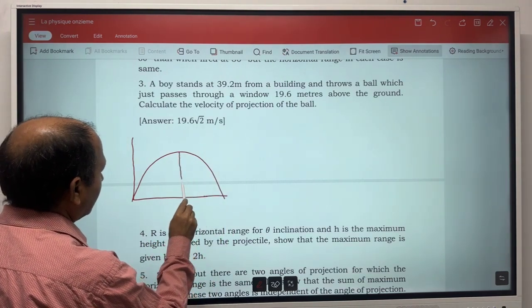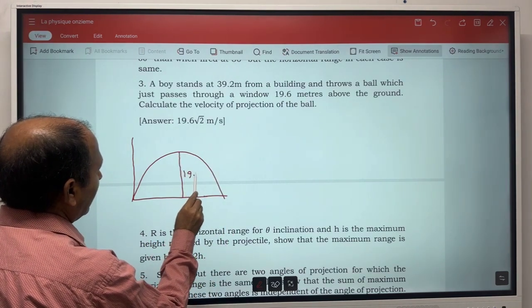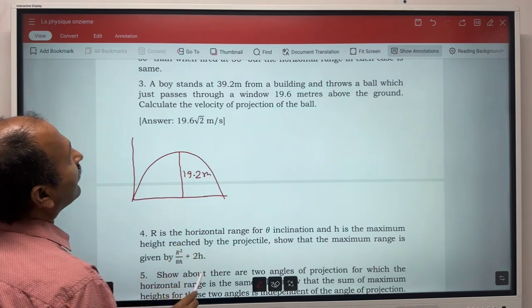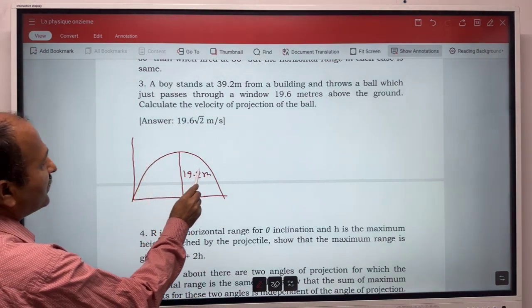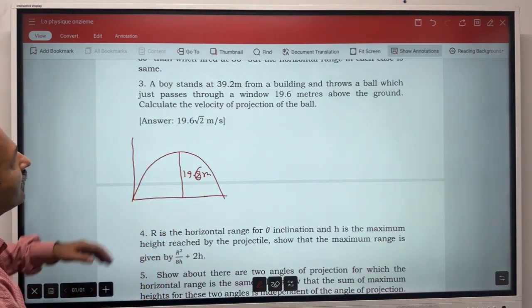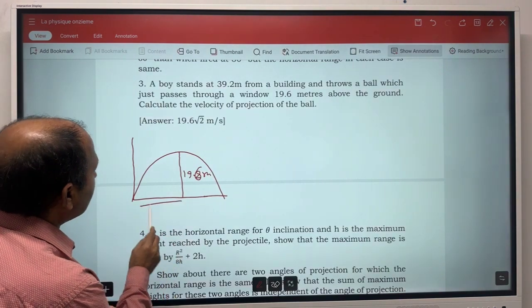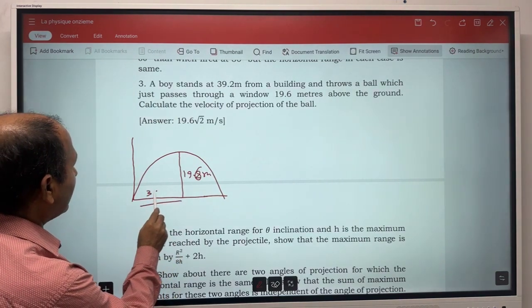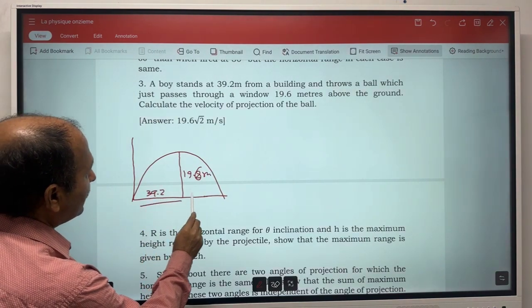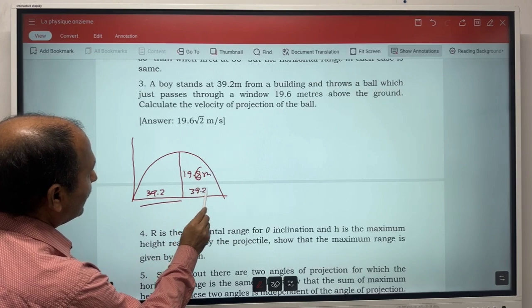Motion is like this. This height is 19.6 meter, and this distance is given as 39.2. So this will also be 39.2.